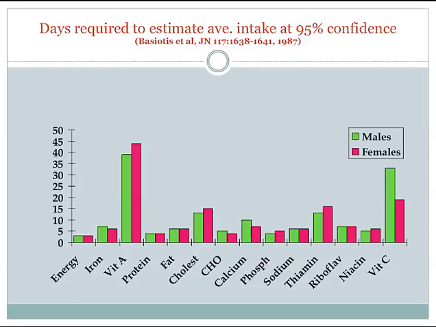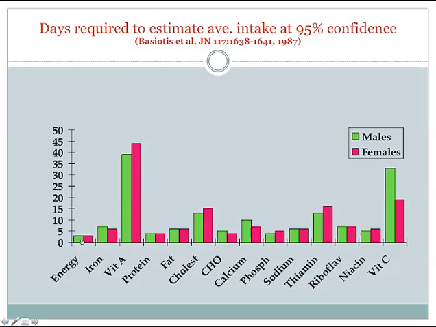And if you try to get an idea, is somebody eating enough? You need to get many days if you're looking at an individual for certain things, but not so many days for other things. If you want to get an idea, is vitamin A intake out of it, you need somewhere in the neighborhood of 40 days, depending on whether you're male or female. 40 days of intake to get a good idea of average vitamin A intake.